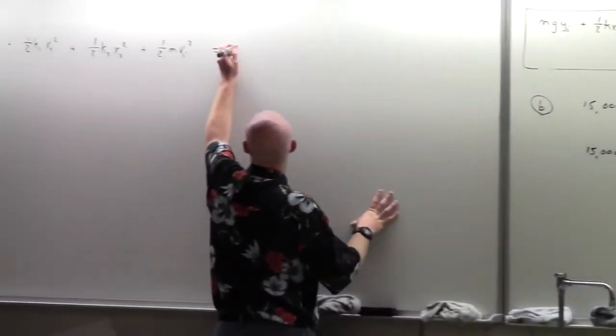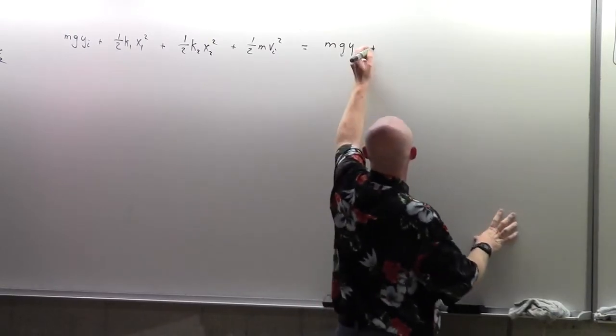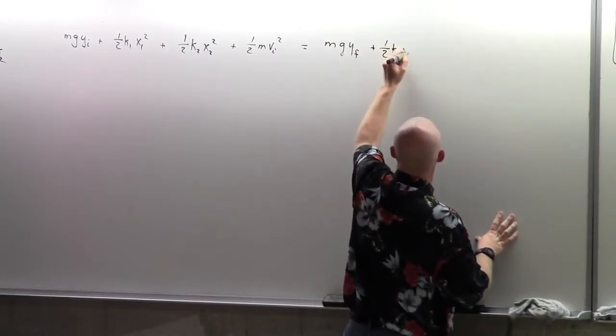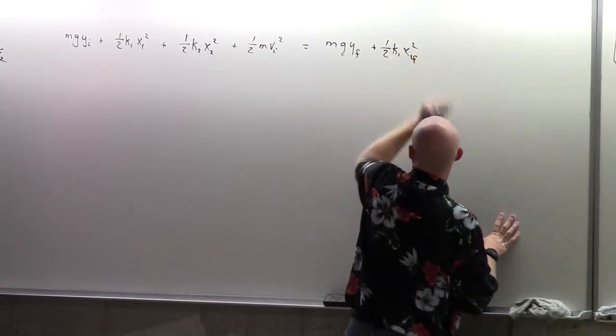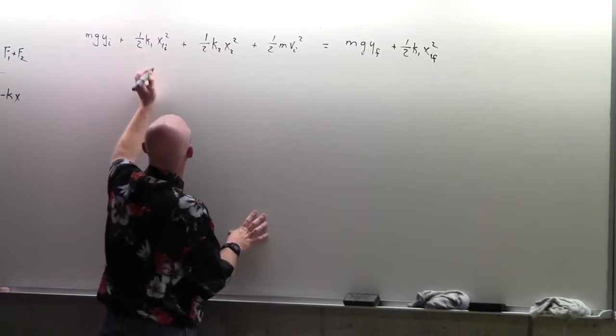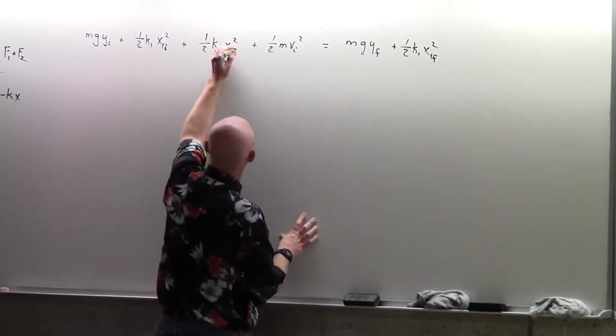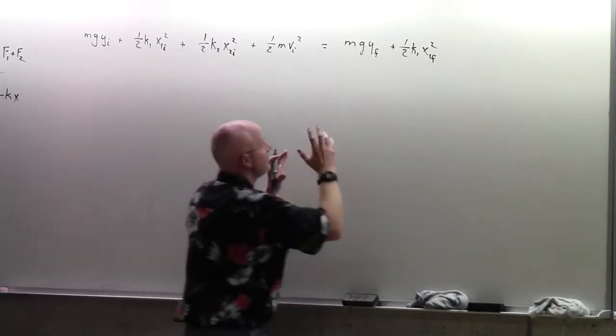I'll keep going here. This is the mgy final. This is then the 1/2 k1 x1 final squared, which reminds me that over here, I should put initial and initial. And over here I should put final.